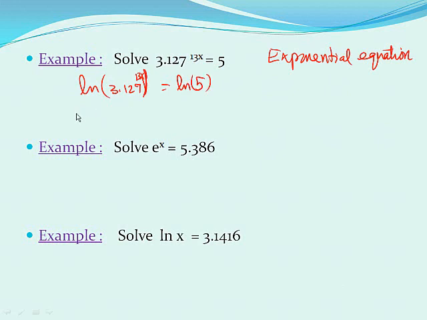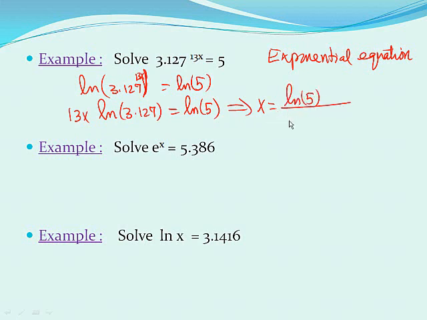So which is simplified as 13 times x natural log of 3.127 equal to natural log of 5. When we solve for x, we will get x equals natural log of 5 divided with 13 times natural log of 3.127, which will come out to be 0.1086.